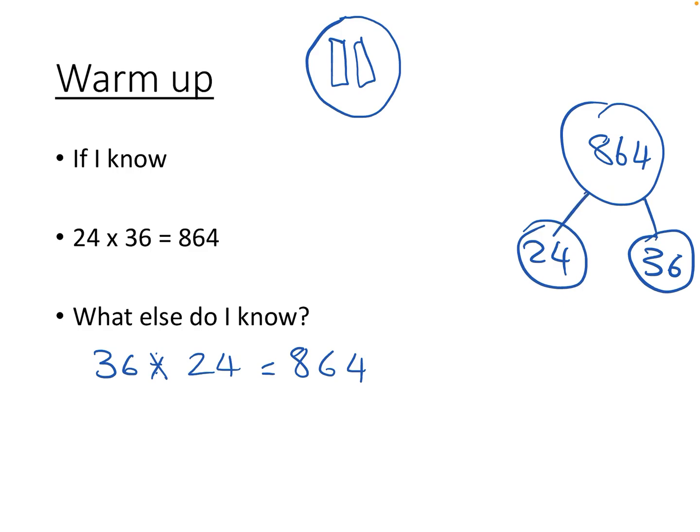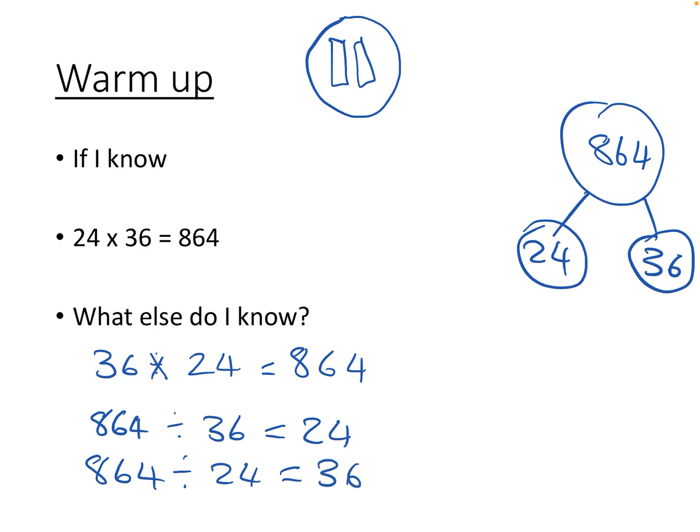We might also know that 864 divided by 36 equals 24, and 864 divided by 24 equals 36. Well done if you've got that.